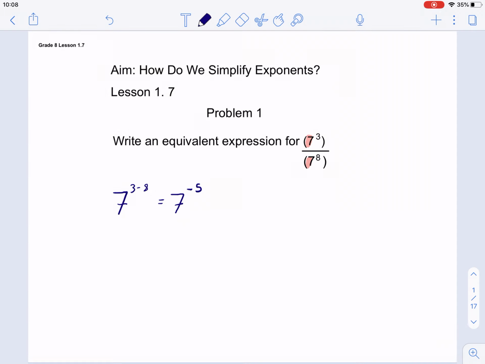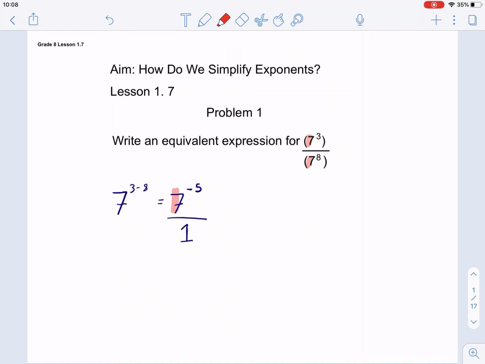Since this is not a fraction, I'm going to turn it into a fraction and put 7 to the negative 5th power over 1. Now, since I have 7 to the negative 5th power in the numerator, I'm going to take that whole expression and move it to my denominator.